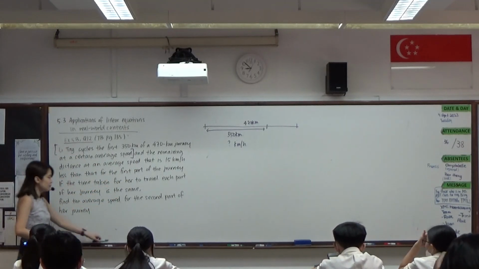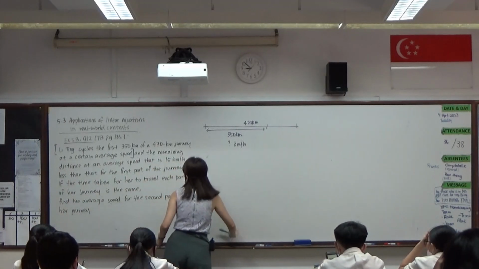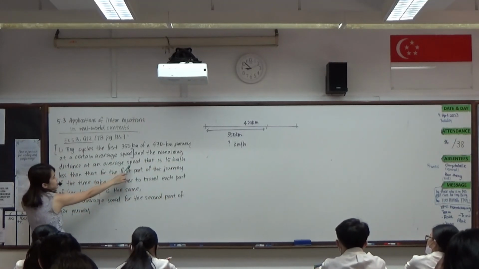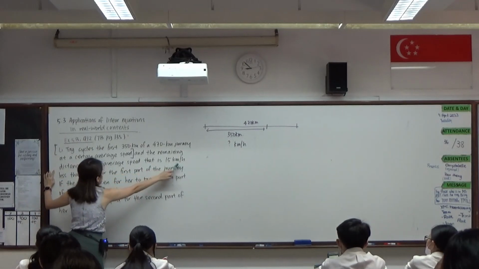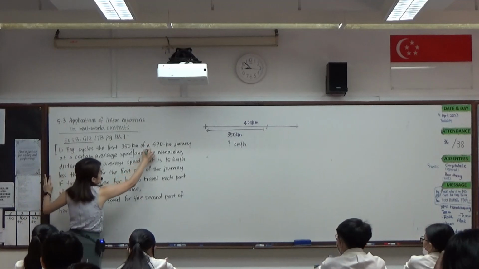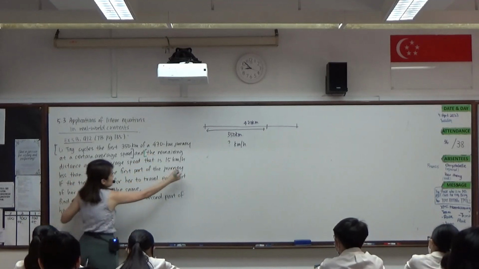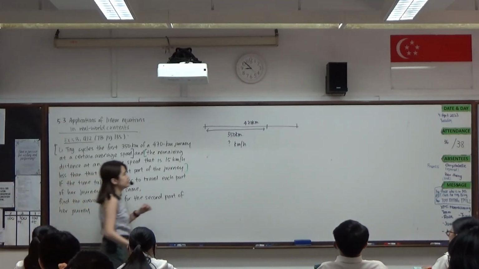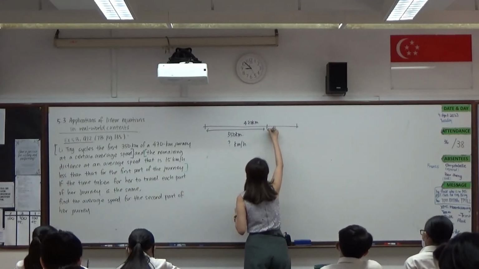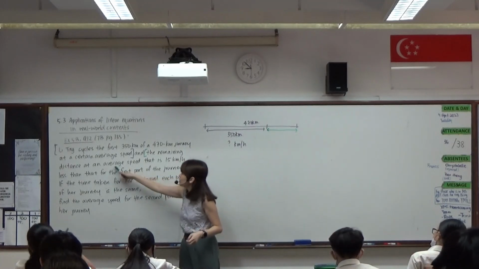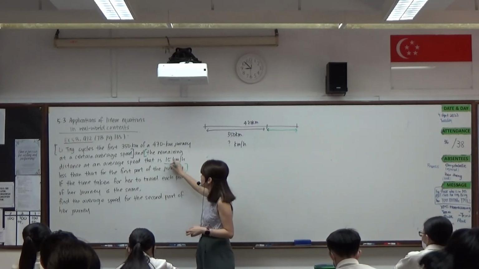Next part of the sentence, it says that the remaining distance is cycled at an average speed that is 15 km per hour less than that of the first part. I'm reading from this segment to this segment. So the remaining distance, which is over here, is cycled at an average speed that is 15 km lesser.